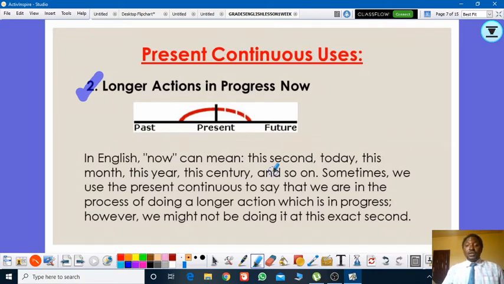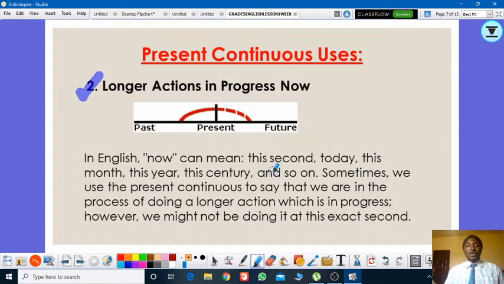So this tense can be used to show the longer actions that are in progress. They are continuing now, this month, this year, in this century, or today. For example, we might not be doing it at this very exact second, but it is continuing behind the scenes.